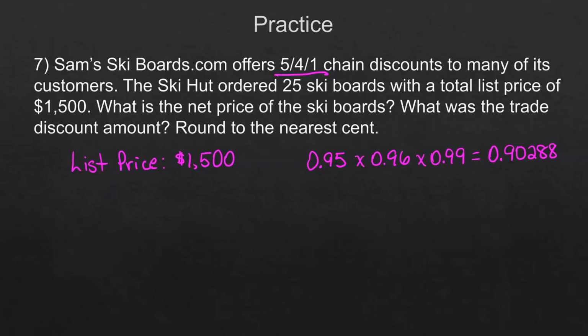Okay, so now we're going to take that and find the net price. So net price will be $1,500. Don't forget to pause and you can try to work these out on your own and then start it up again to see how you did. Okay, so we're going to take that list price, we're going to multiply it by our equivalent rate for the discount, right?